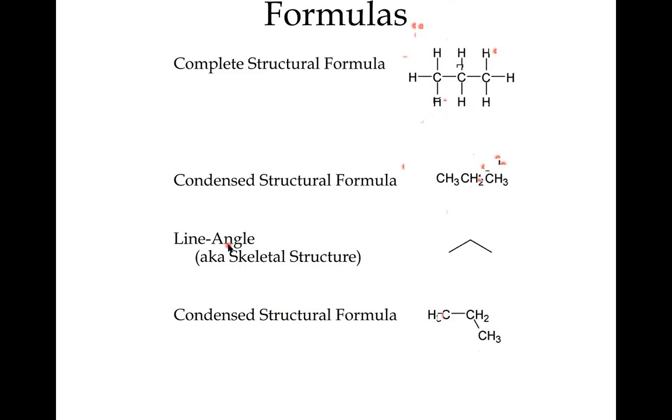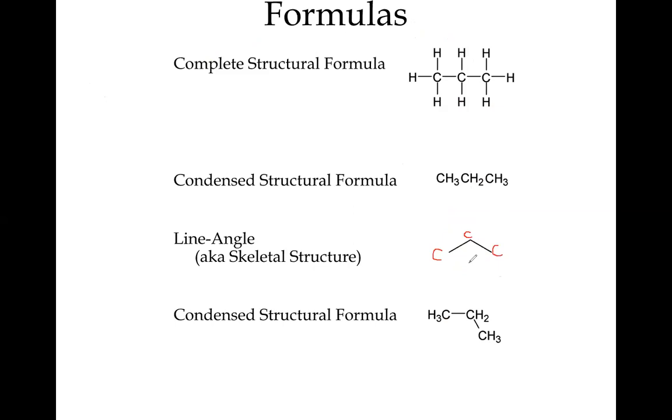And then there's this line angle, also called a skeletal structure. So you just have lines that depict carbons and hydrocarbon bonds. Okay. So in this case, it's the same molecule for all these different ones, but this one is just 2 sticks. But those 2 sticks represent 3 carbons. Let me do my drawing here. So this implies that there's a carbon here, a carbon here, and a carbon here.